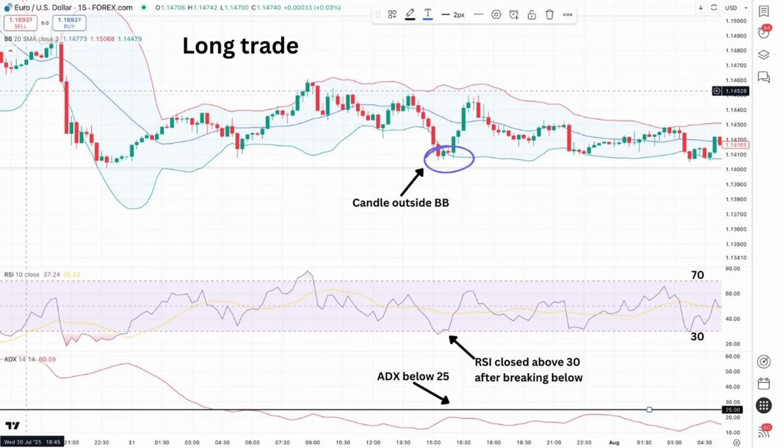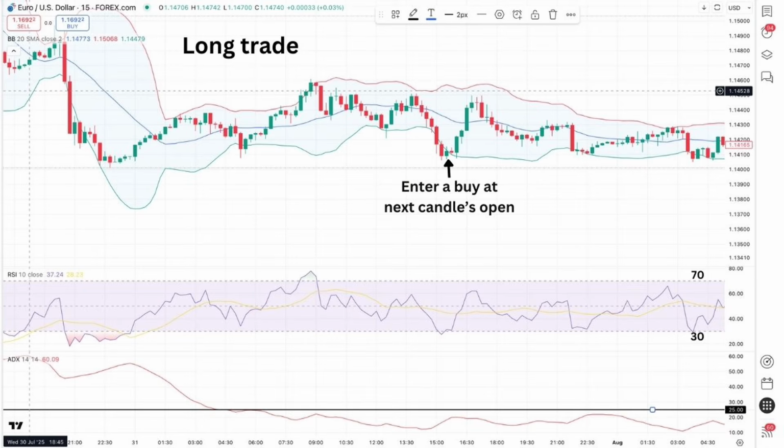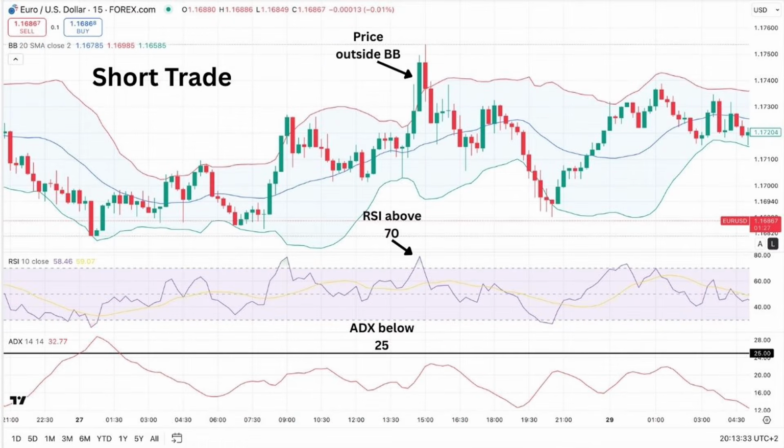Thirdly, you'll see that the candle touches or closes outside the lower Bollinger Band. This isn't absolutely required, but I like it because it adds a level of confidence to the trade. Lastly, you're going to enter a buy at the next candle's open. And as you can see, of course, this is something I've already set up, but you can see how that worked out really well.